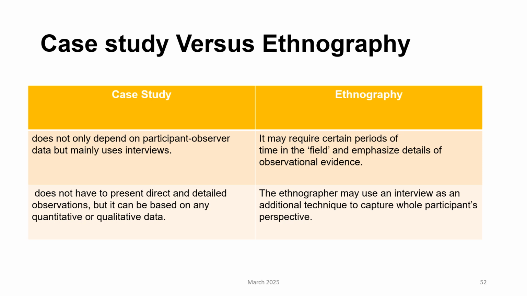On the other hand, ethnography may require certain periods of time in the field and emphasizes details of observational evidence. The signature of ethnography is participant observation to obtain detailed information regarding a particular culture or the situations under investigation.